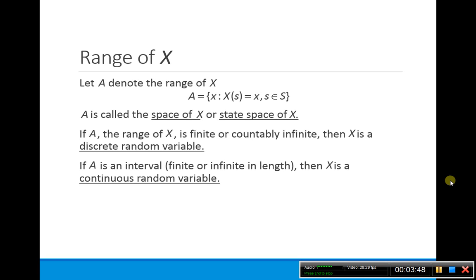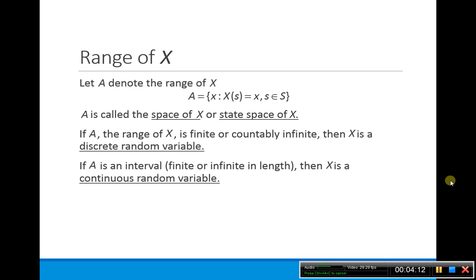We may not cover the entire real line. If we're thinking about the number of heads in a two-coin toss, then the number of heads can be 0, 1, or 2. So the range can be a lot less than the real number line.